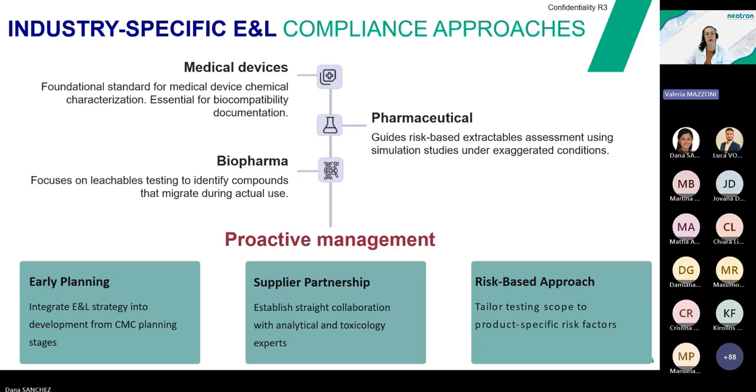Second, collaborate closely with analytical and toxicological experts, especially when interpreting complex data or qualifying unknown compounds. And third, maintain a risk-based approach to align with global guidance. So clearly documenting the testing strategy, compound evaluation, and safety thresholds gives regulators confidence in the submission.